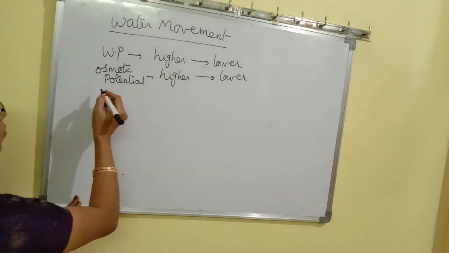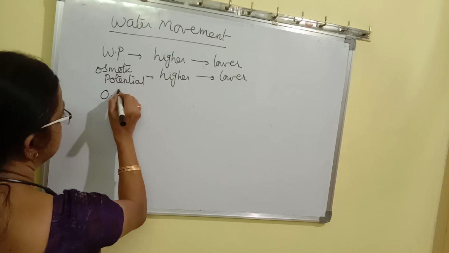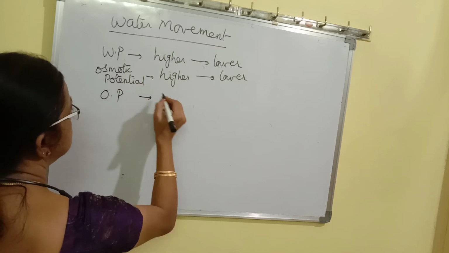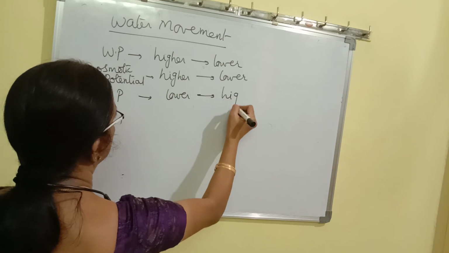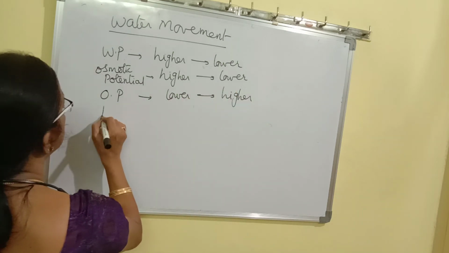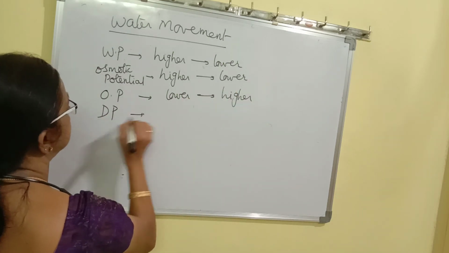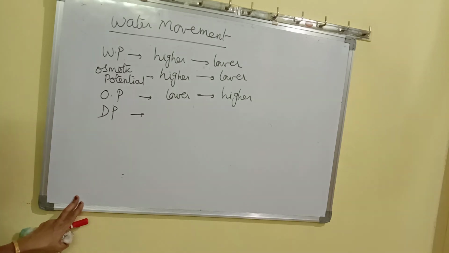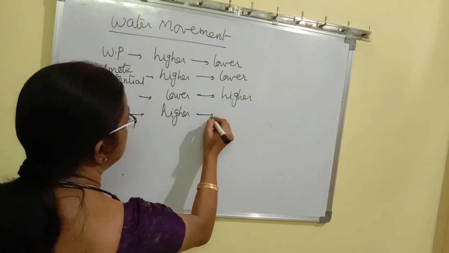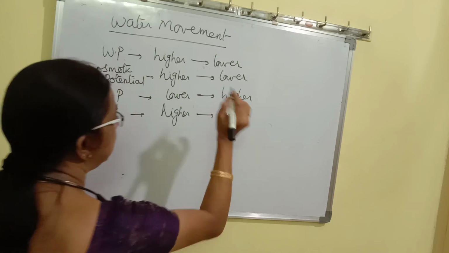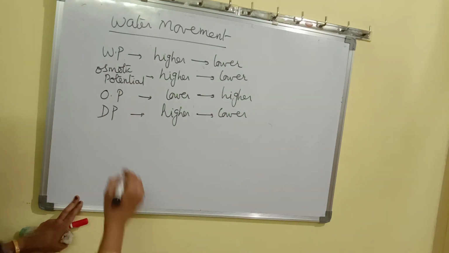Next, in terms of osmotic pressure, it is from lower osmotic pressure to higher osmotic pressure. In terms of DP, diffusion pressure, it will be higher diffusion pressure to lower diffusion pressure.